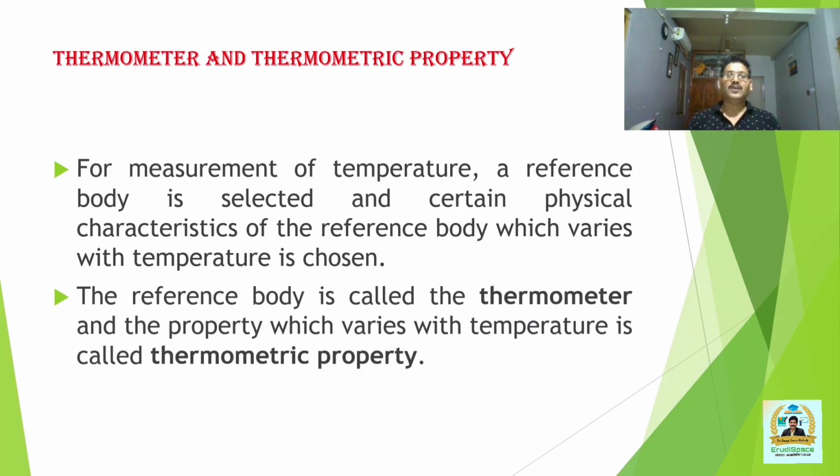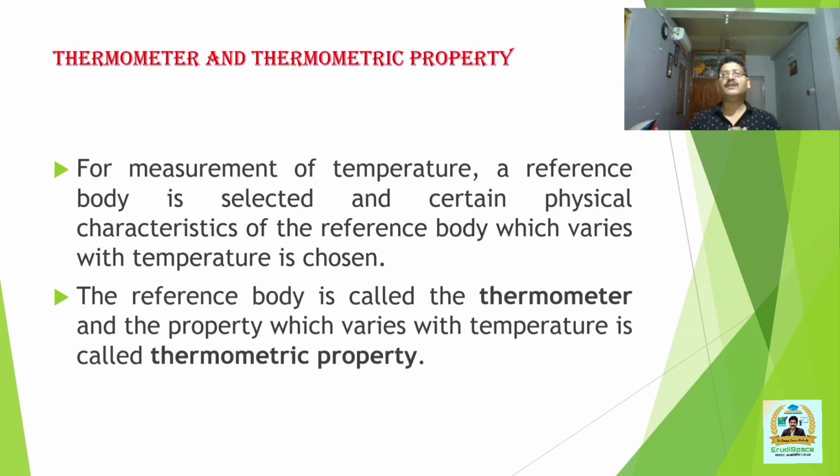Now, once the Zeroth law defines what temperature is and establishes temperature as a universal and measurable quantity, there should be a measuring instrument which can measure the temperature. For measurement of temperature, a reference body is selected and certain physical characteristics of the reference body which vary with temperature are chosen.